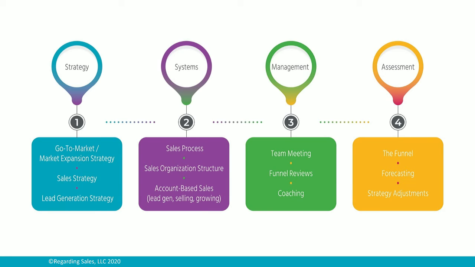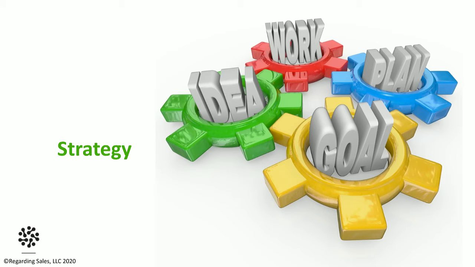So again, these are the components we just talked about. So your strategy, you've got your go-to-market, your sales strategy, lead generation, your systems, management, all of these pieces. And how do they then feed each other to be successful? Well, let's talk a little bit about strategy, right?